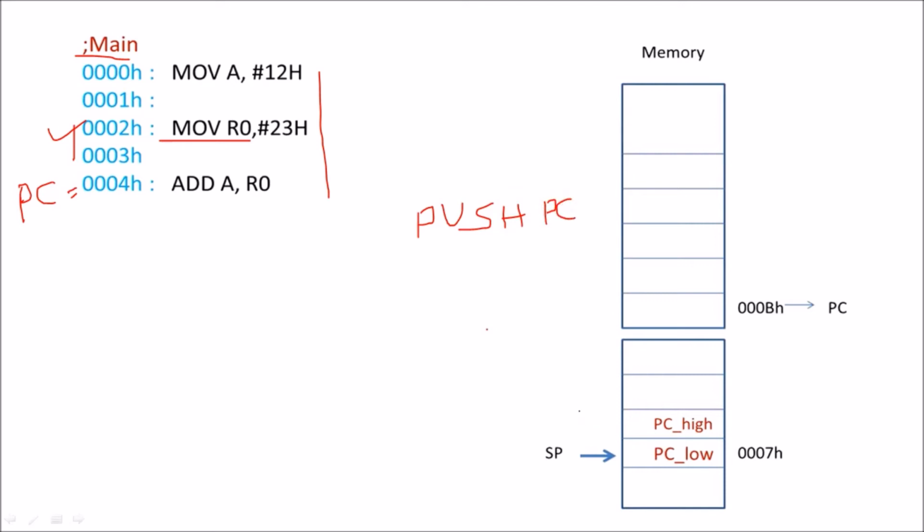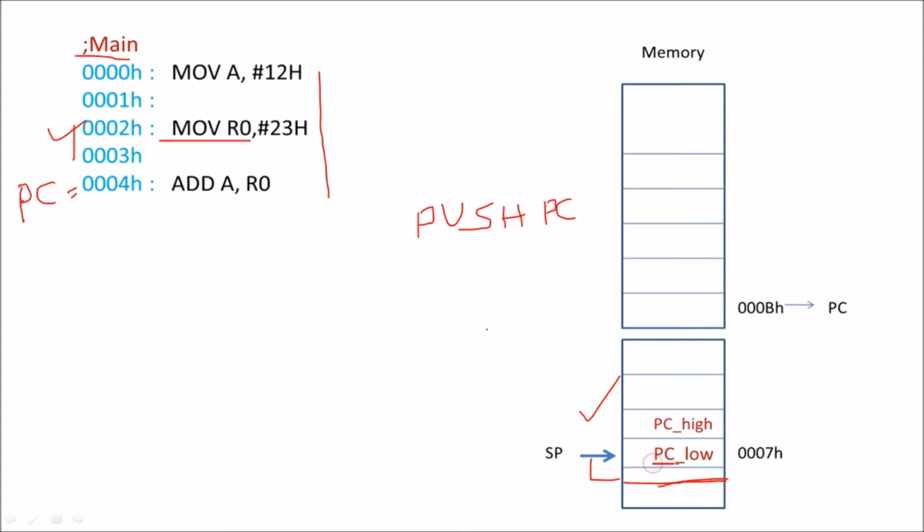So here the stack memory is shown. First microcontroller is supposedly pointing to this memory location. So after execution of this instruction, it will increment stack pointer by 1.